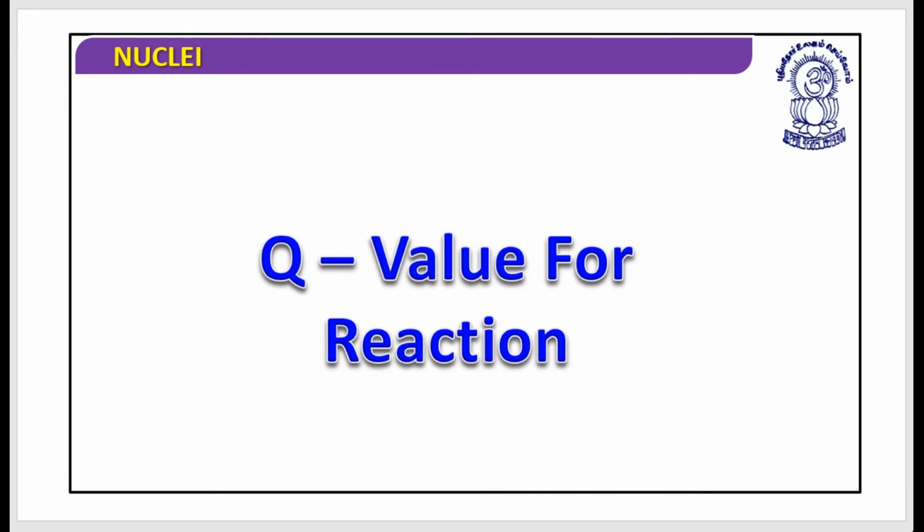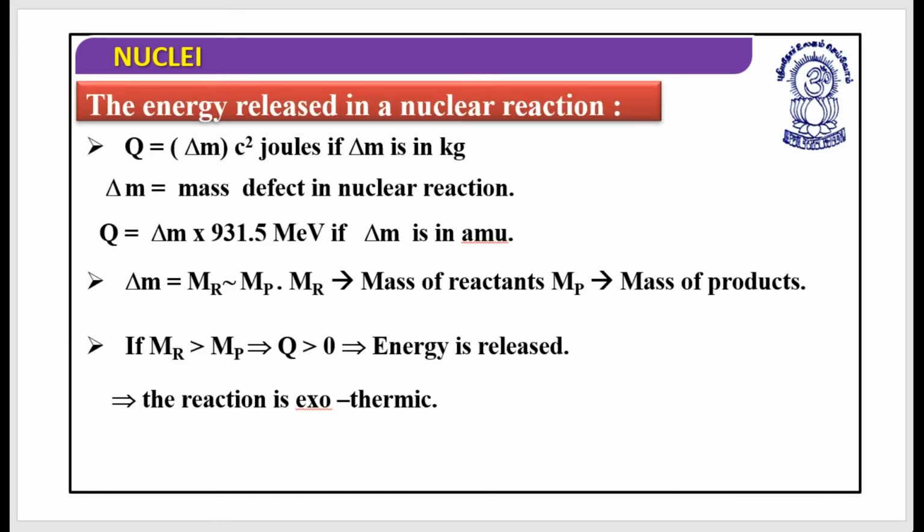In today's session, first we are going to discuss the Q value of the reactions. So let's have a look. What is the Q value? Basically, that is the energy released in any nuclear reaction, where Q value could be calculated as delta m into c square, where delta m is in kg and is the mass defect in the nuclear reaction.